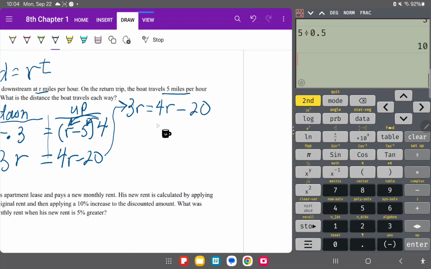All right, so we're going to subtract this 4r to the other side. So that's going to give me -r is equal to -20. But I want to know positive r. So I'm going to change the sign here and change the sign over there. So that is 20 miles per hour.